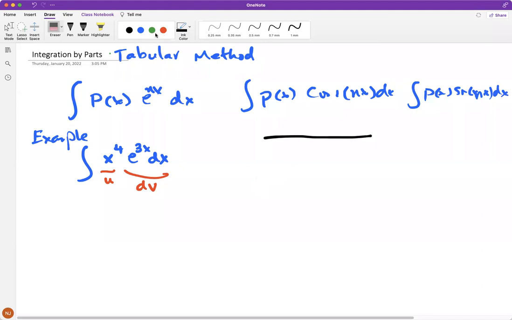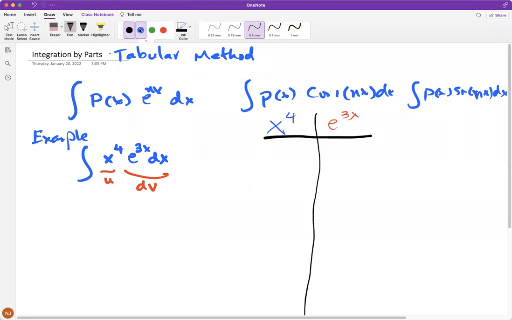At this point, I want to write x to the 4th here, and over there I want to write e to the power 3x, and divide them by a line. With the polynomial, I want to take the derivative until the polynomial vanishes. So 4x to the 3rd, then 12x to the 2nd, then 24x, then 24.